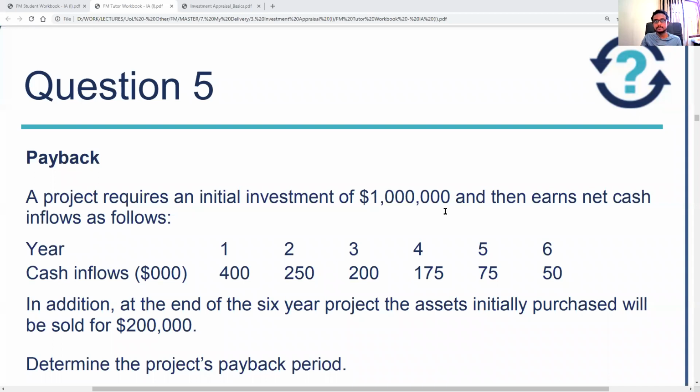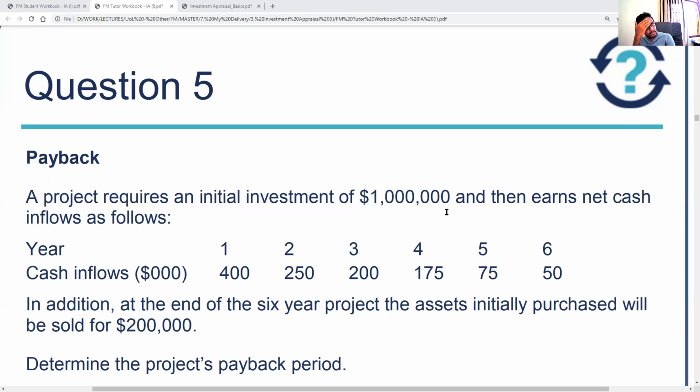Shall I show the answer? Okay, Ashwat, what did you get? I got 3 point something. Okay, 3 point something, but the point figure, did you convert it into months?